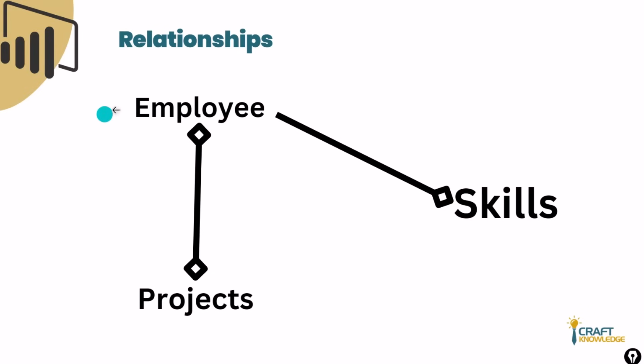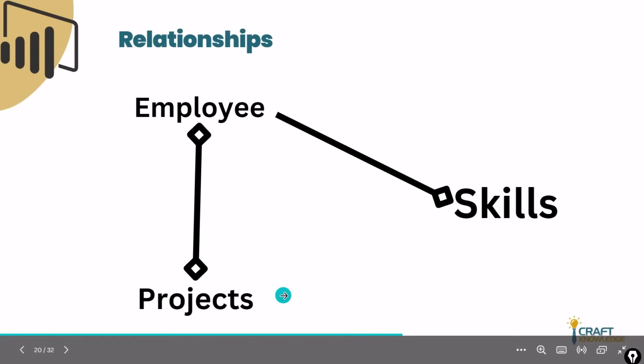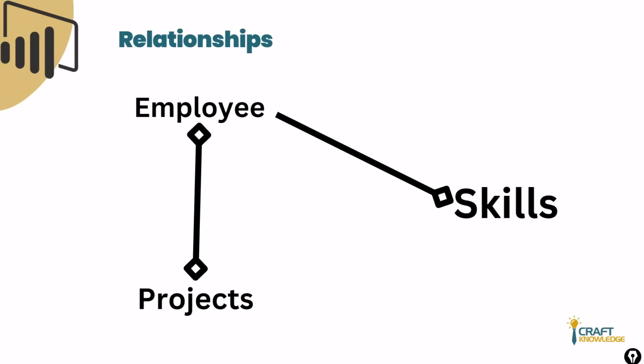So employee is the fact table, the main table, and skills and projects are the dimension tables in this particular relationship. In any data modeling scheme, whatever table is the center of attraction will be the fact table, and the rest of the tables would be the dimension tables. This is just a terminology thing that I wanted to let you know.